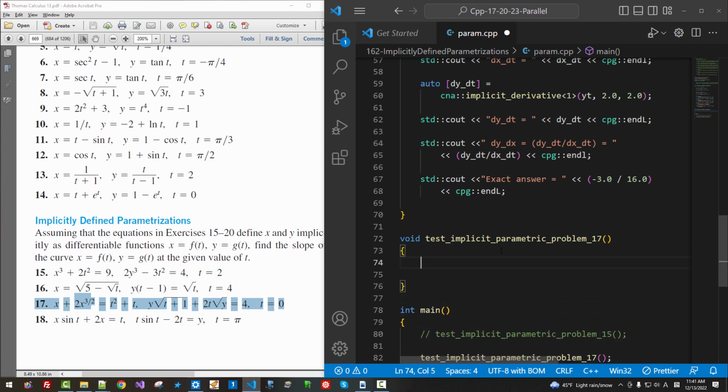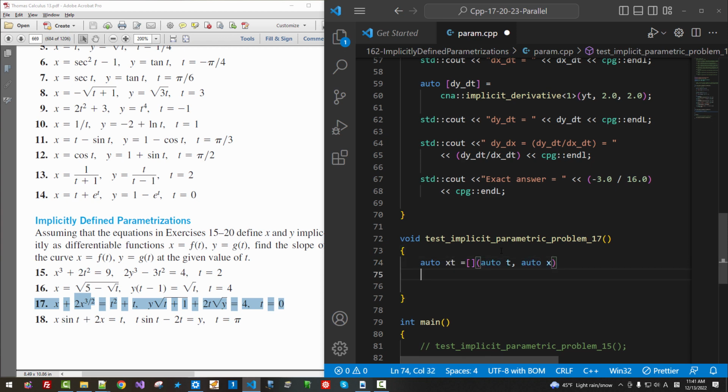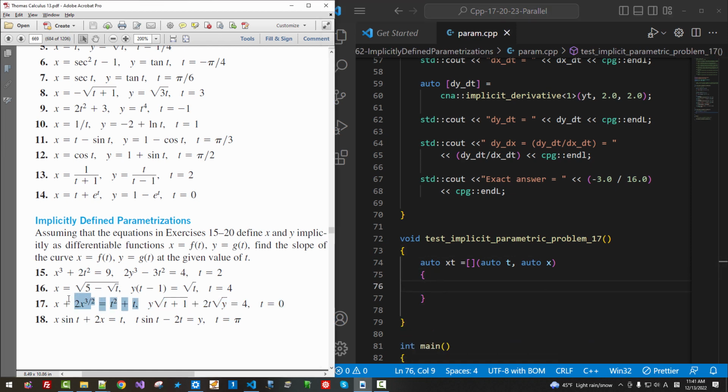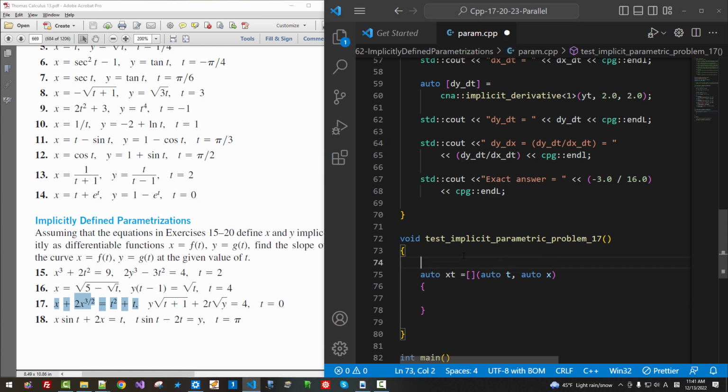In the same manner, auto xt, auto t, auto x. So we are defining this function. Here, x plus 2 times x to the power 3 over 2.